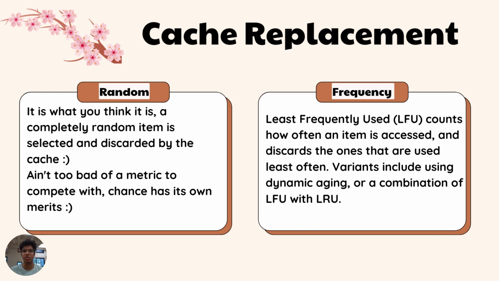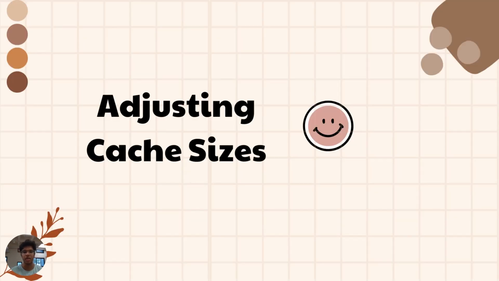The basic one is the random policy, where any block can be evicted from the set with random probability. And for frequency, we implemented the least frequently used policy, where we store the frequency with which a block is used in a set, and whichever block has the least frequency is the one that is evicted.